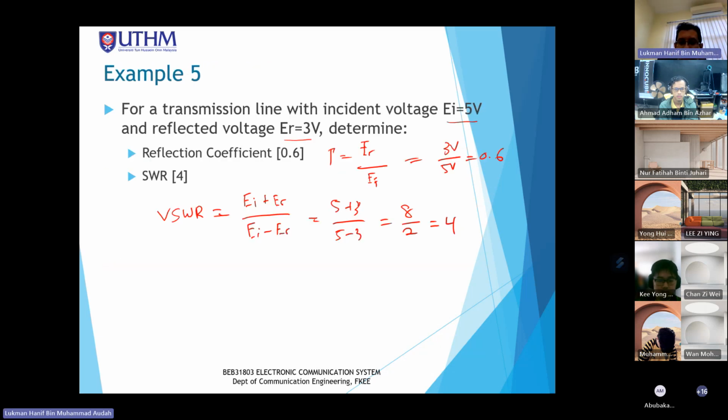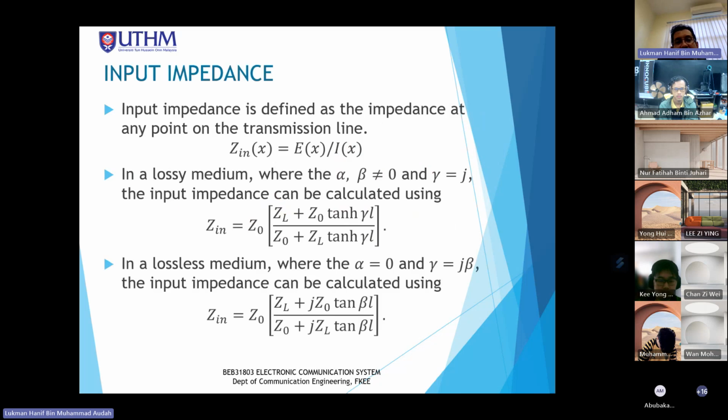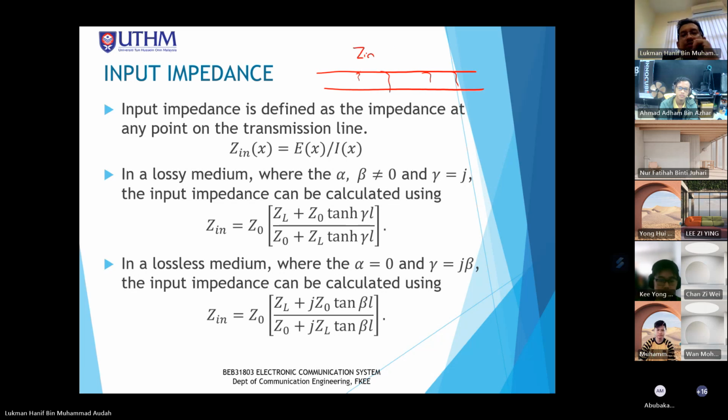And then the input impedance. The input impedance is defined as the impedance at any point on the transmission line. So if you have a transmission line, at different points the input impedance Zin is going to be different.